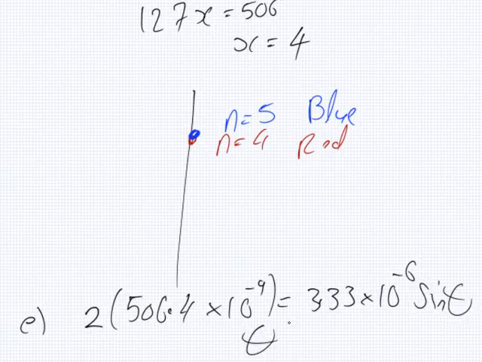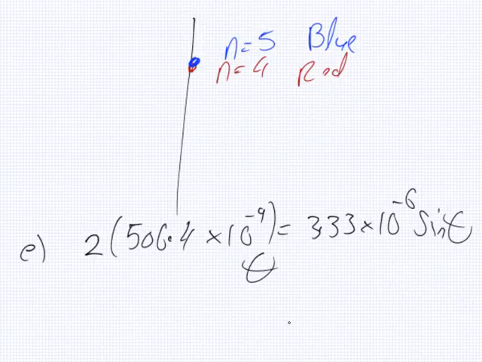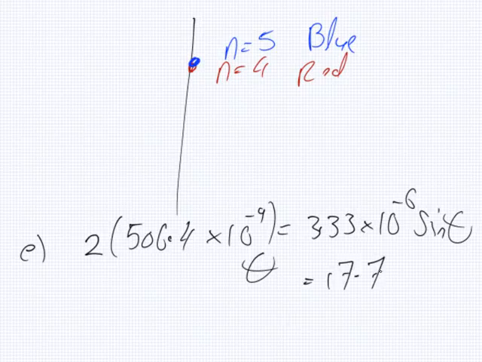Oh, we did one like this earlier. Why did I ask it again? I probably pulled all of this from an exam question. So 506.4 times 2 times 10 to the minus 9 divided by that, and then sine inverse. And I get theta is 17.7 degrees.